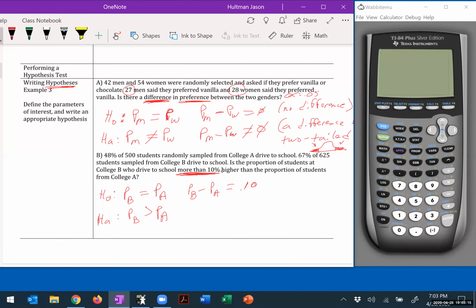Because we want to include this 10% if we can. And then the probability of B minus the probability of A is greater than 10%. So that's how I write the hypothesis for these. It's more than 10% higher. Is the difference more than 10%?